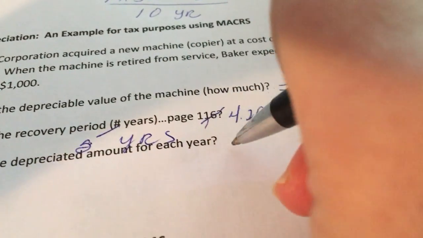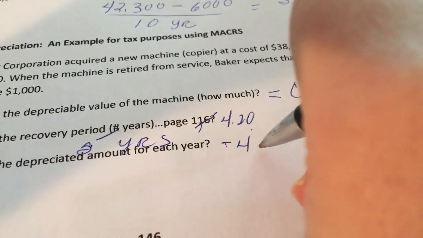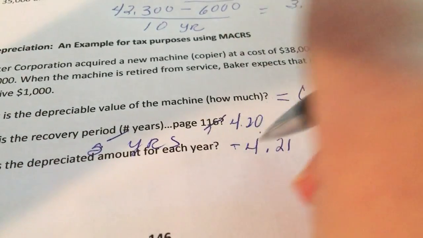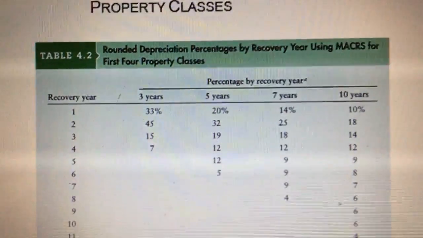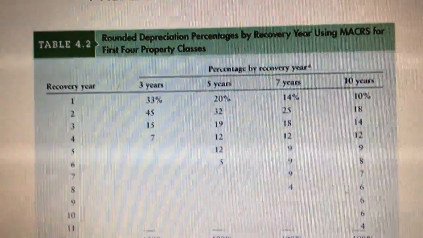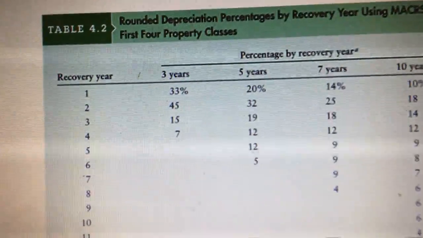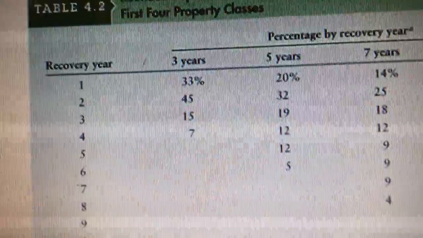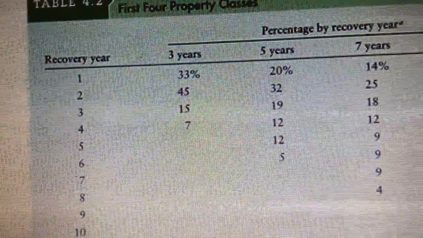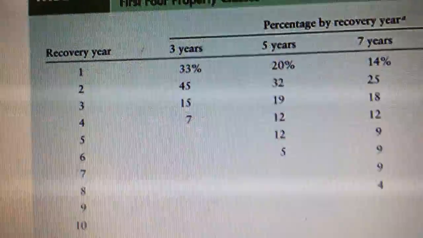Well, on my revised problem and in the PowerPoints, I tell you to look at 4-21. So let's come down here to 421 and look at what we have. The tax code gives us a breakdown. For 3-year equipment, notice we're depreciating it actually 4 years. We take the biggest amount of depreciation, 45%, in year 2.